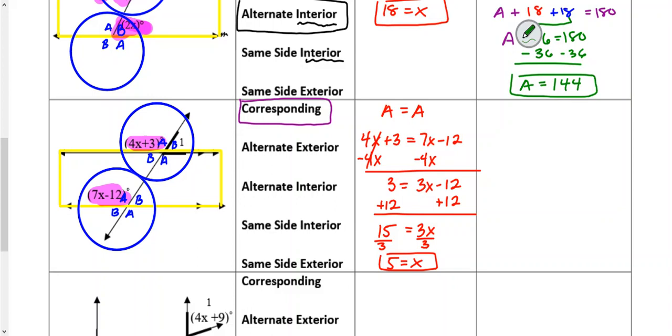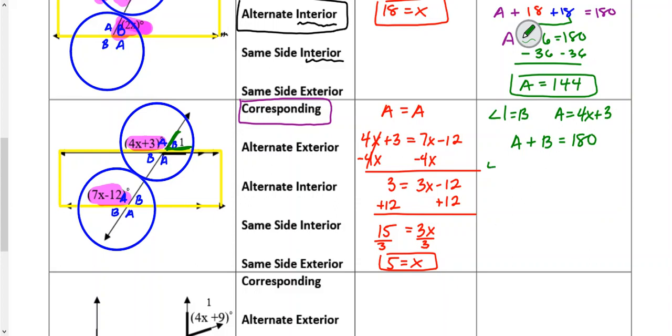And finally, we have to find the measure of angle 1. Angle 1 is a letter B. And we don't know anything else about the B angles, but we do know the angle A equals 4x plus 3. So I can use my A plus B equals 180.